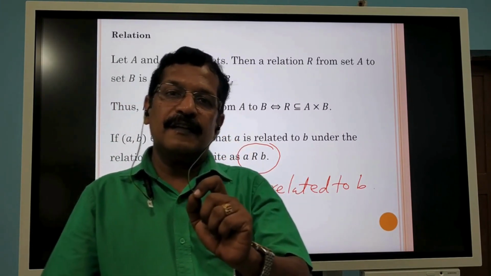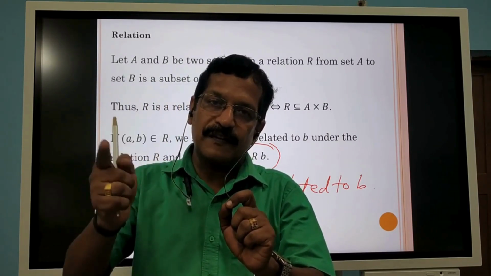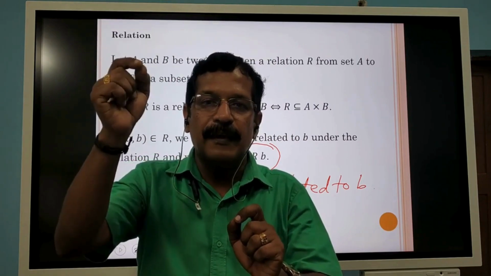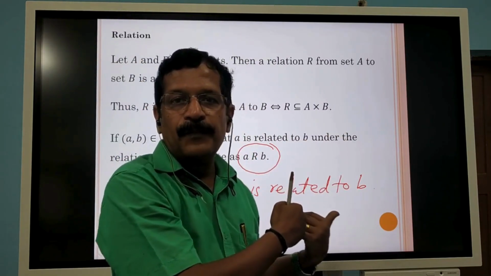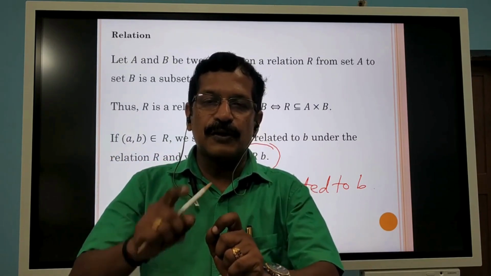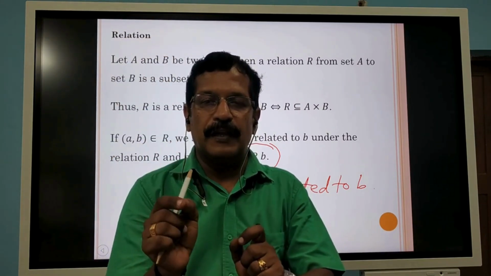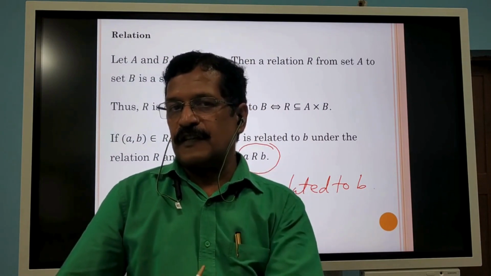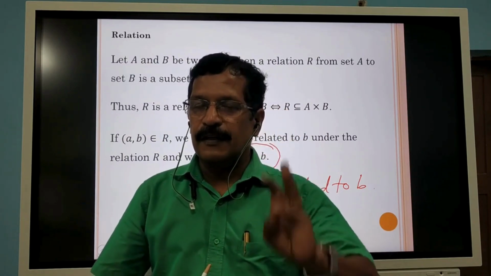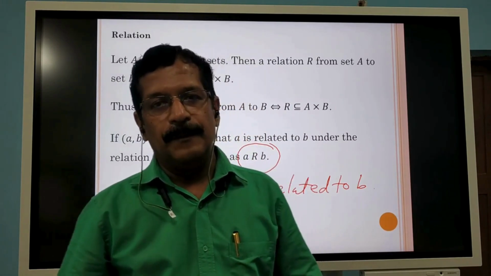If A is a set, then the set of all subsets of A is called a power set, and the power set contains 2 raised to the number of elements in A. We apply this here. So the number of relations from A to B will be 2 raised to the number of elements in A cross B. The number of elements in A cross B is m into n. So the number of relations from A to B is 2 raised to mn, where m is the number of elements in A and n is the number of elements in B.